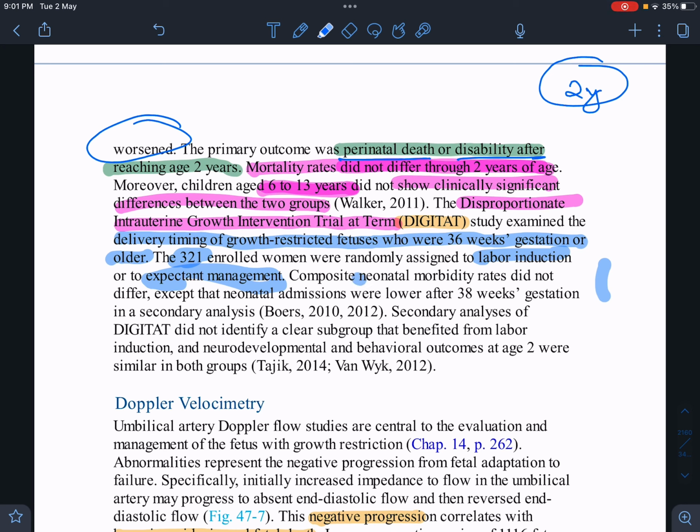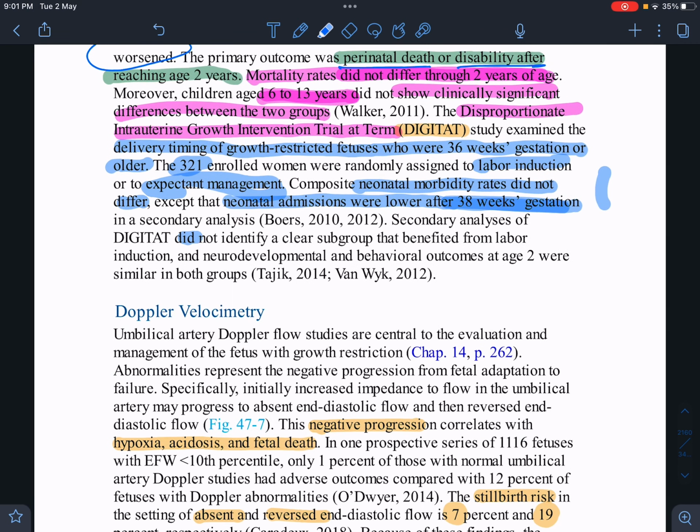The neonatal morbidity rates did not differ, but neonatal admissions into NICU were lower after 38 weeks gestation. So in women you were trying to prolong, the neonatal admissions were lower. Secondary analysis did not identify a clear subgroup that benefited from labor induction, and neurodevelopmental behavioral outcomes at age 2 were similar.